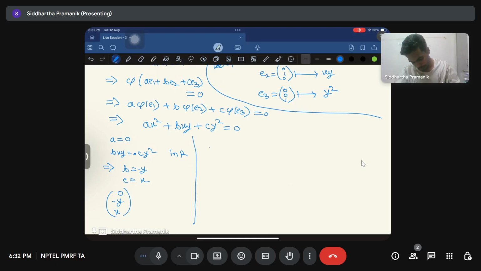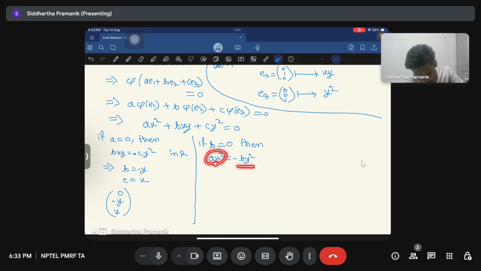Now we will take b equals 0. Then ax square equals minus cy square. This is also in R, so again use the relation in a UFD. That means y square divides the RHS, so y square has to divide the LHS.